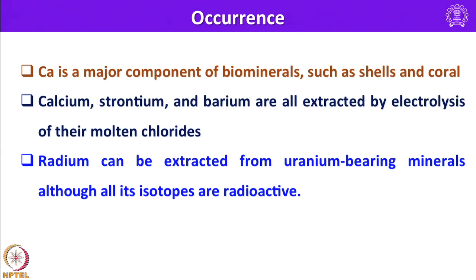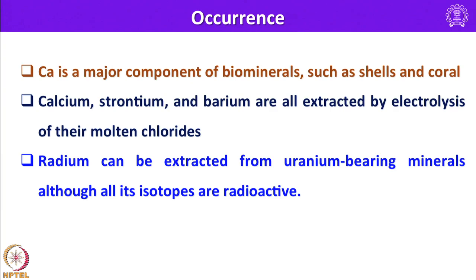And of course, calcium is a major component of biominerals such as shells and coral, and calcium, strontium and barium are all extracted by electrolysis of their corresponding molten chlorides. Radium can be extracted from uranium bearing minerals such as pitchblende.